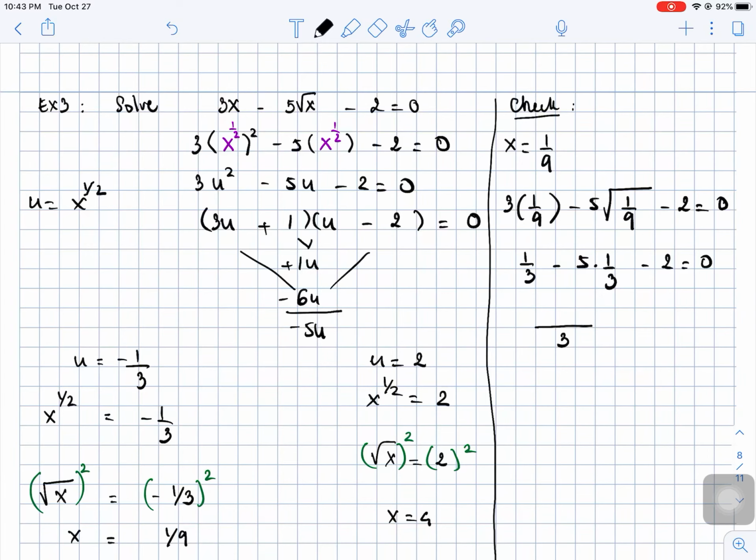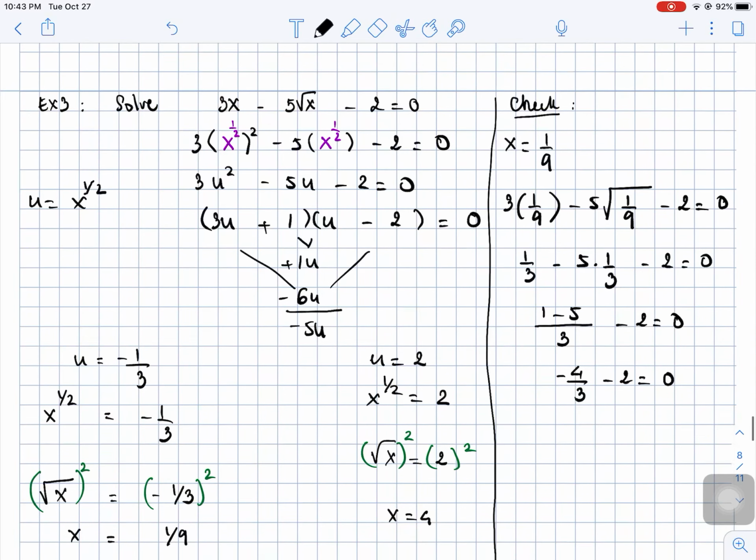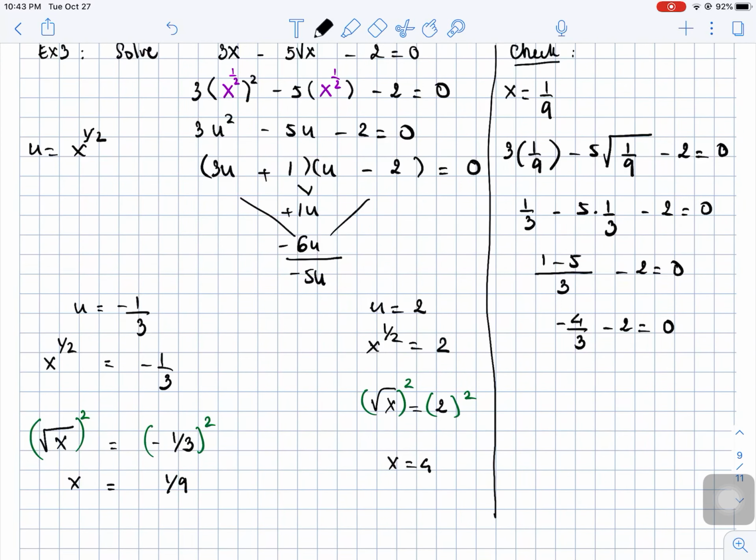Then we check x equal to 1/9. So 3 times 1/9 minus 5 times square root of 1/9 minus 2 equals 0. So we got 1/3 minus 5 times 1/3 minus 2 equals 0.